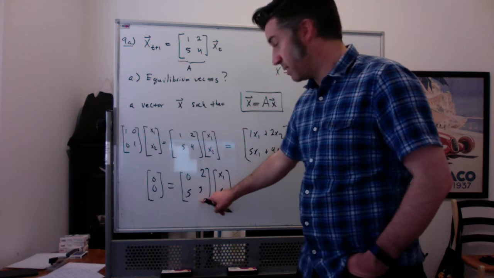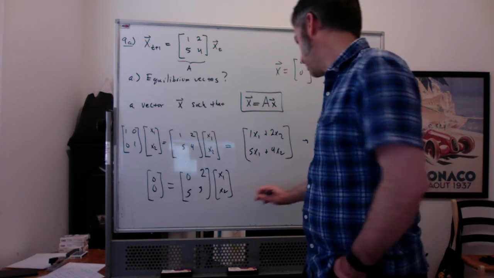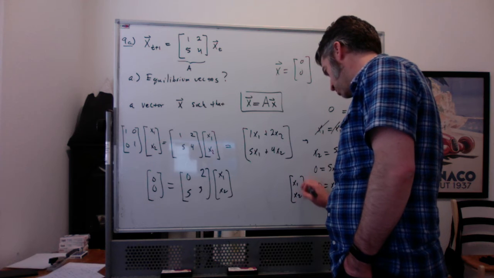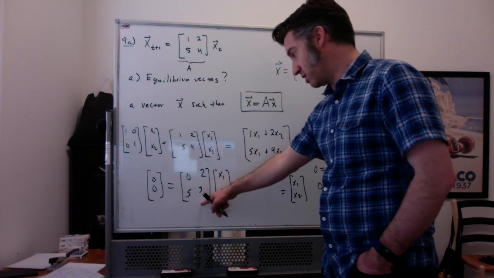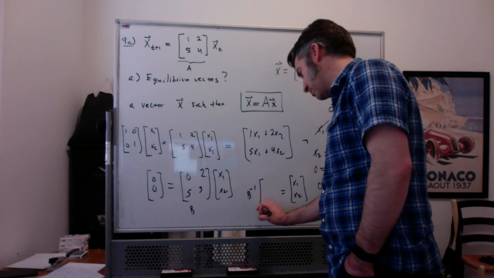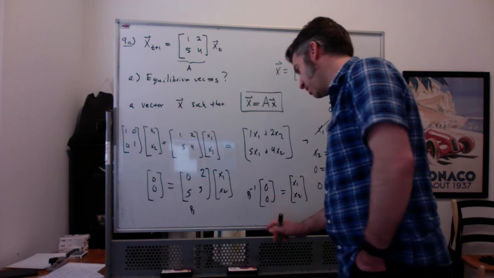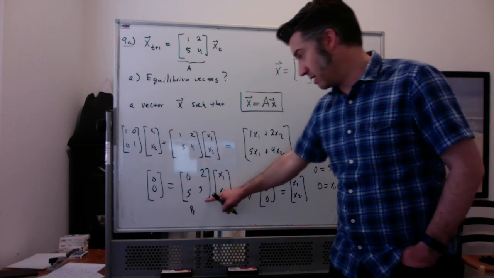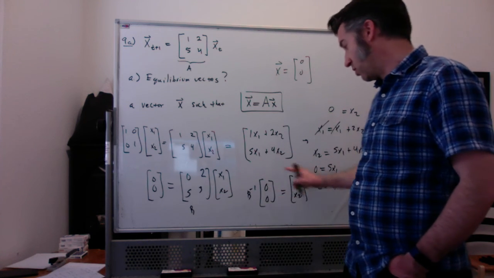Since this matrix is also invertible, then x1, x2 equals the inverse of this matrix. Let's call this B. So then it would be B inverse times 0, 0. But any matrix times 0, 0 is going to give you 0, 0. So since this matrix is invertible, the only solution is 0, 0.